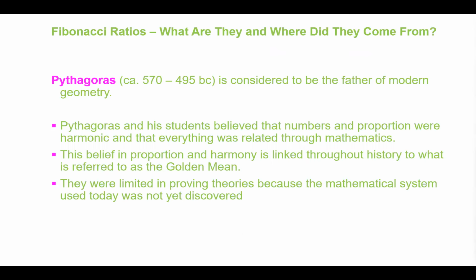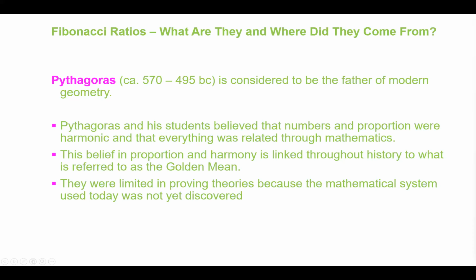So let's move on to the next slide and get started with a little bit of history of Fibonacci ratios. What are they and where did they come from? They didn't really come from anywhere because they're inherent in just about everything in our lives. Pythagoras lived centuries and centuries ago, 570 to 495 BC.